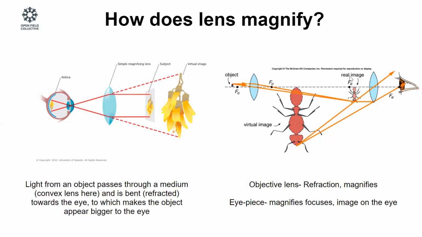The second one is called an eyepiece lens, which is closer to our eye and magnifies the focus of that object to create an image on our eye. Now the light passes through the first lens and creates an image over here. But since we have another lens, it passes through, and the apparent size of the image, which is why we call it a virtual image, that our eye sees is now much, much bigger because we are magnifying it with two lenses.